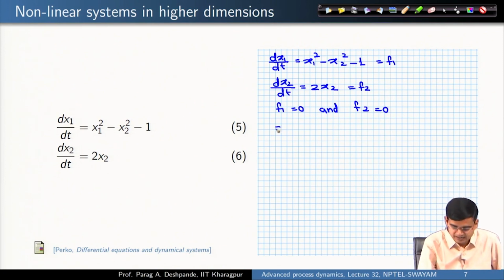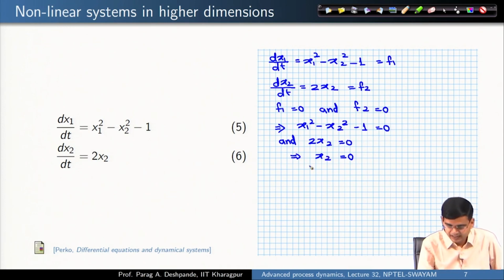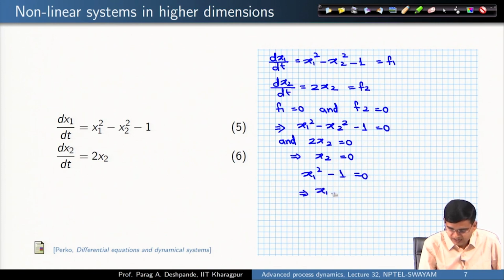So, I can determine the equilibrium point as x1 squared minus x2 squared minus 1 is equal to 0 and 2x2 is equal to 0, from where I get x2 is equal to 0, fine, and therefore, x1 squared minus 1 is equal to 0, which means x1 is equal to plus or minus 1.